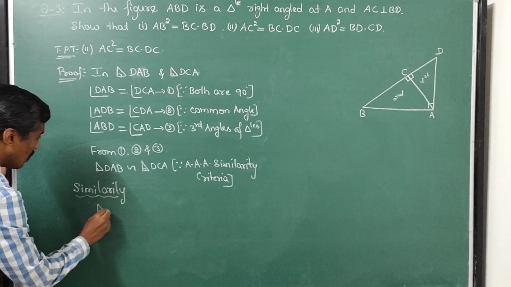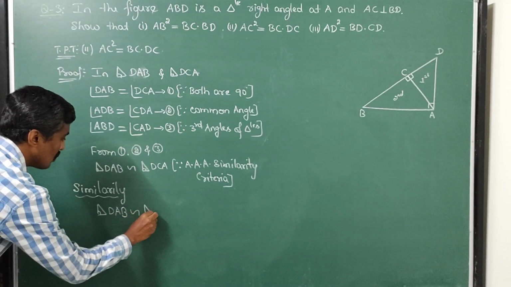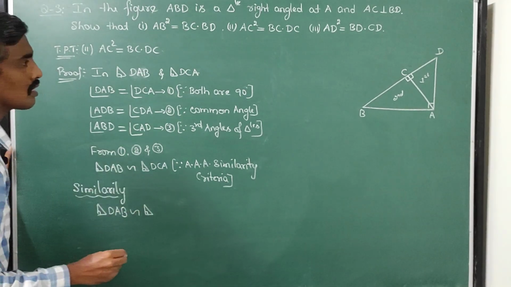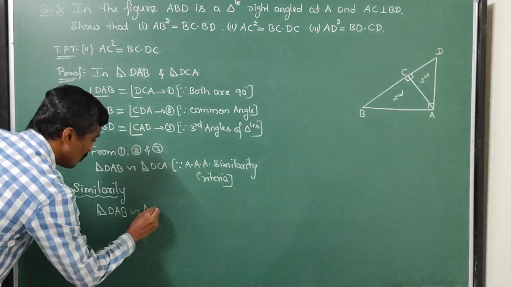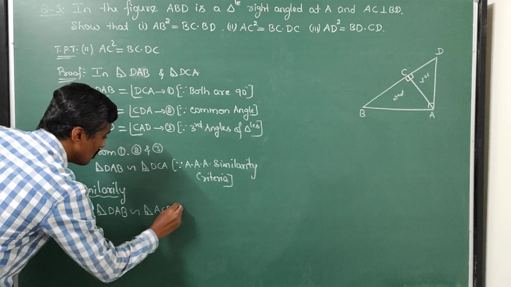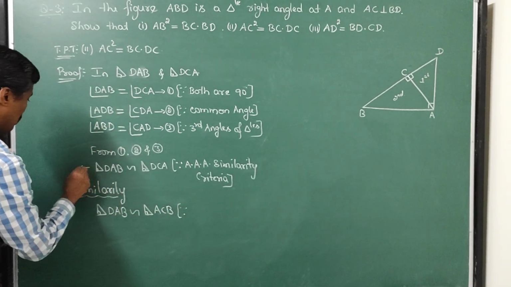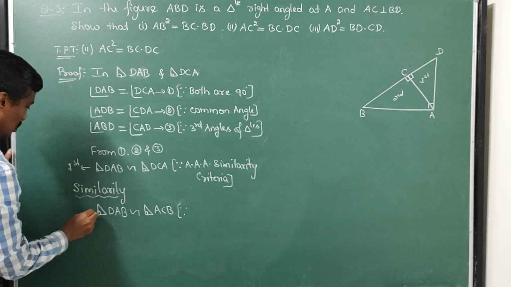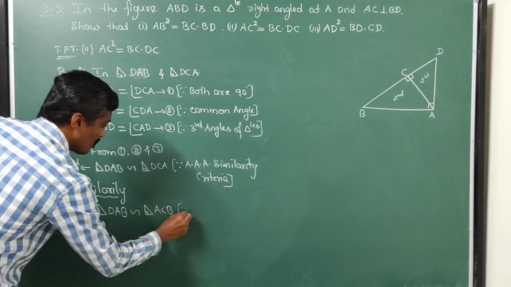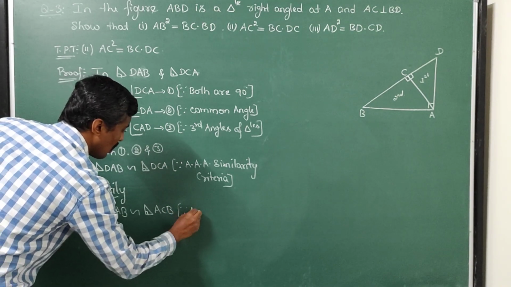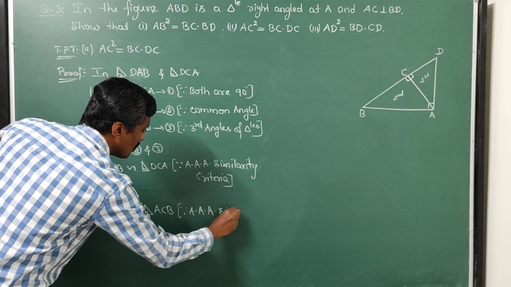Original triangle DAB is similar to the second right angle triangle, that is the second part, ACB. So this is the first point. This is the second point, according to the angle, angle, angle similarity criteria.